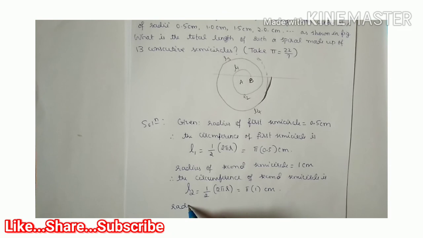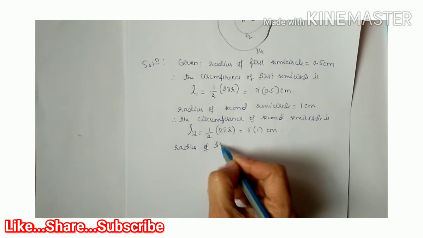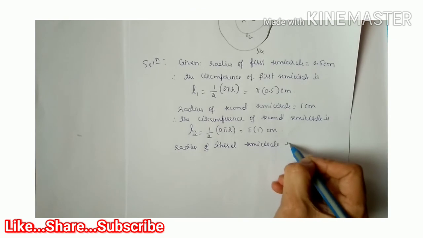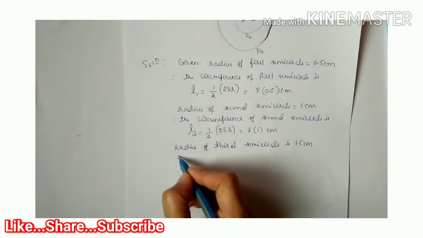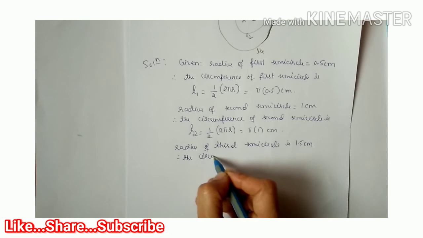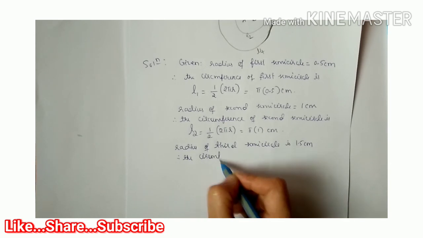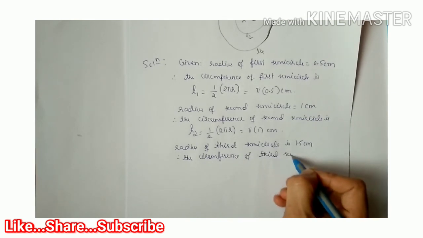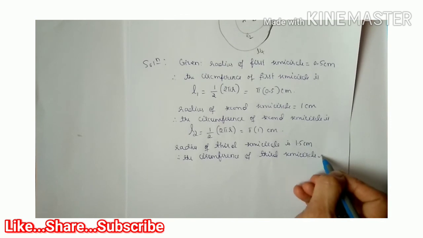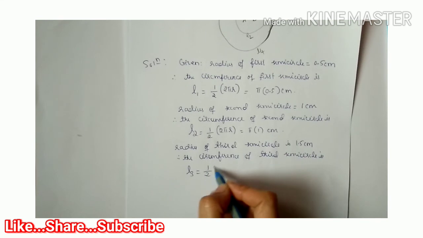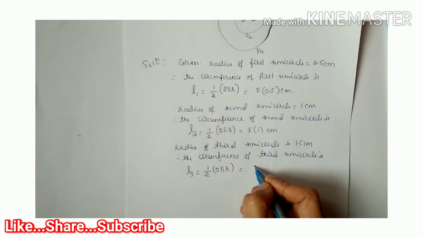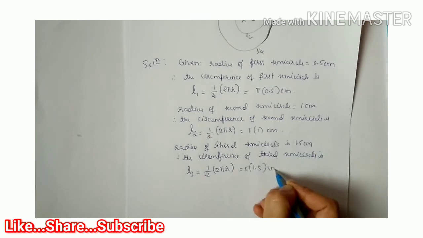Similarly, radius of third semicircle is 1.5 centimeter. Therefore, the circumference of third semicircle is L3, half 2 pi r, r is 1.5 centimeter.